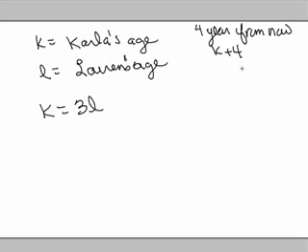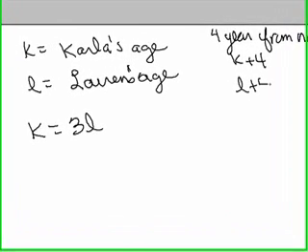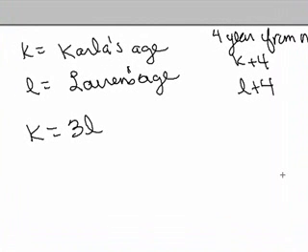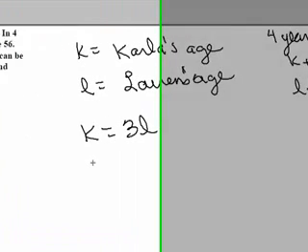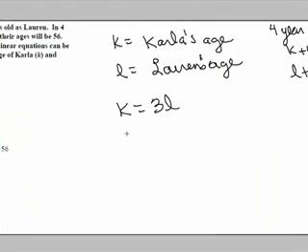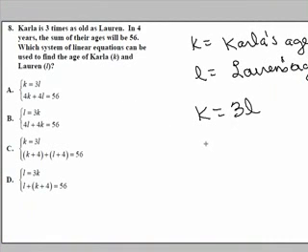And Lauren is going to be L plus 4 years old. So now we just simply add their 2 ages together.